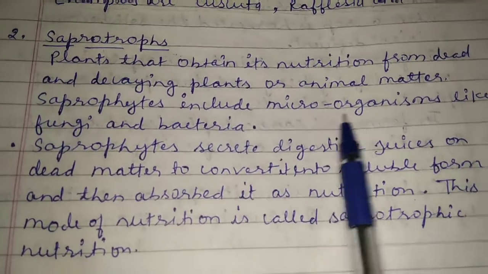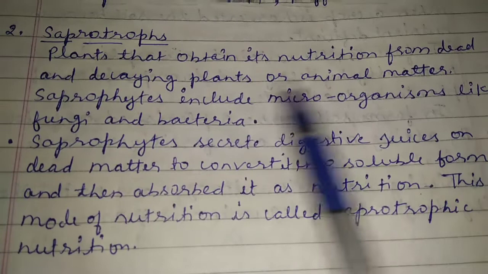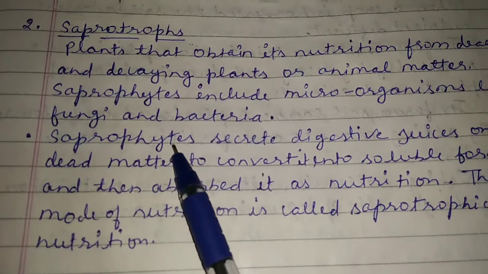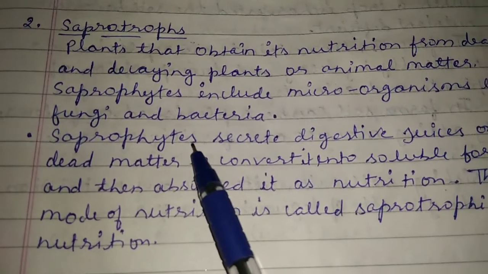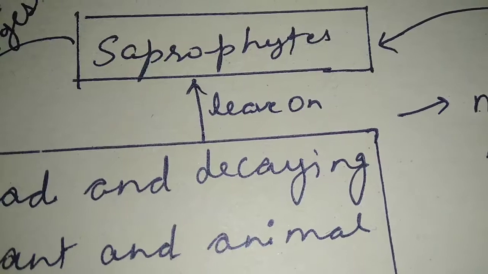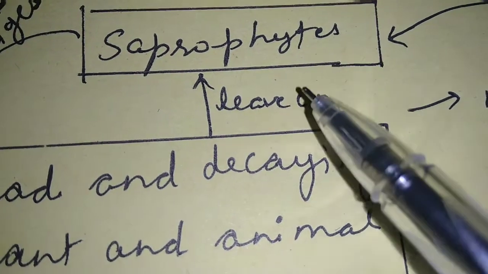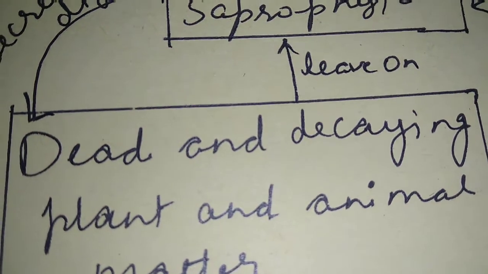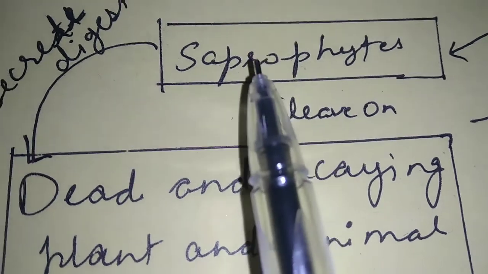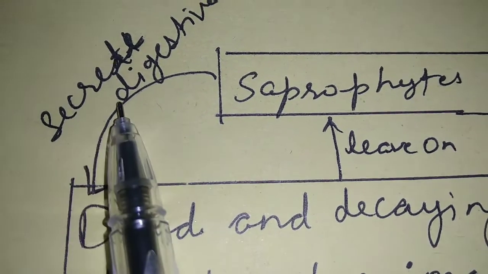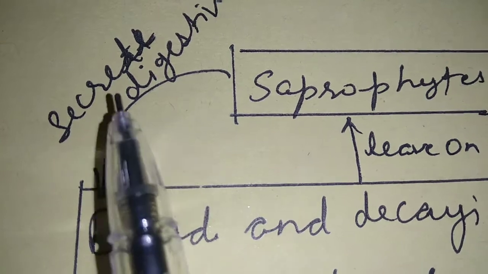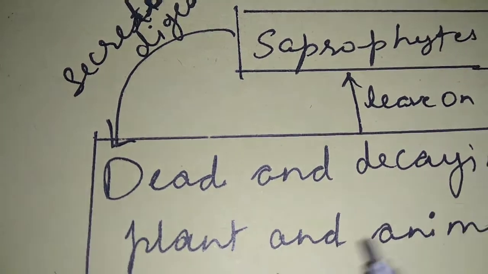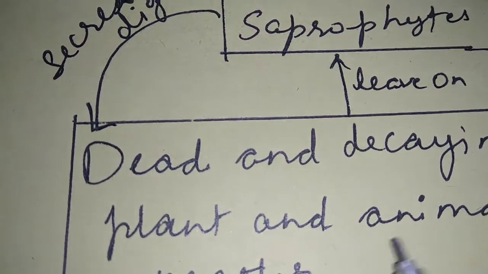Saprophytes include microorganisms like fungi and bacteria. So let's know how the saprophytes take their nutrients. Saprophytes live on dead and decaying plant and animal matter. Then, saprophytes secrete the digestive enzymes or digestive substance to make the dead and decaying plant and animal matter into simpler form.